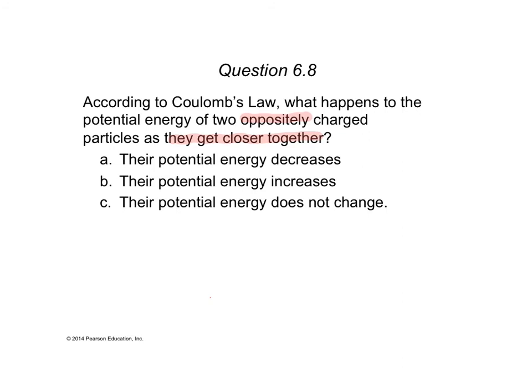Okay, so potential energy, Coulomb's law, right? Electrostatic potential energy is proportional to the charges and inversely proportional to the distance, right? If we have 2 oppositely charged particles, let's say a plus and a minus, and we bring those 2 closer together, then when we plug that into Coulomb's law, we have a plus and a minus over r.